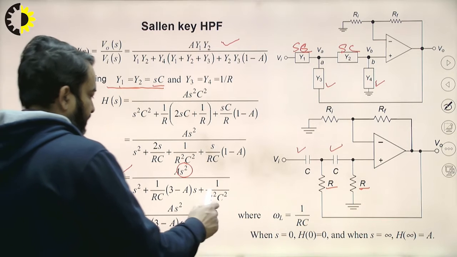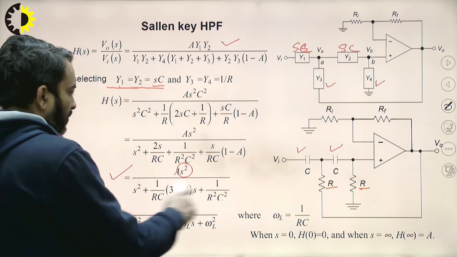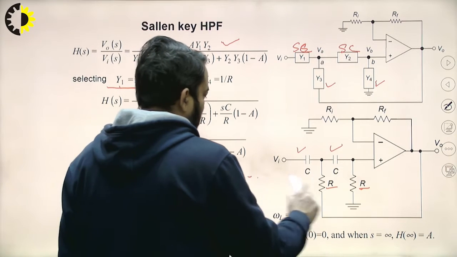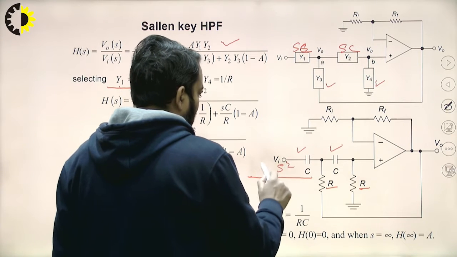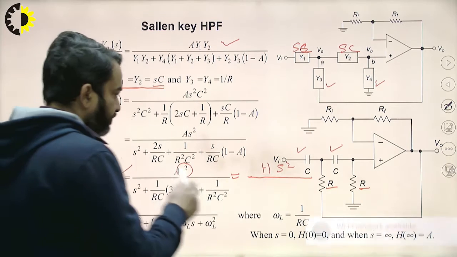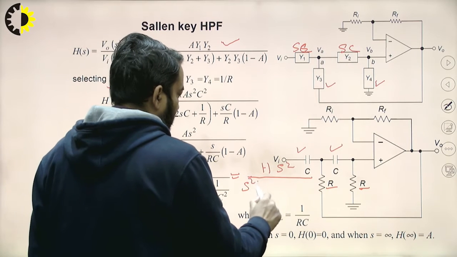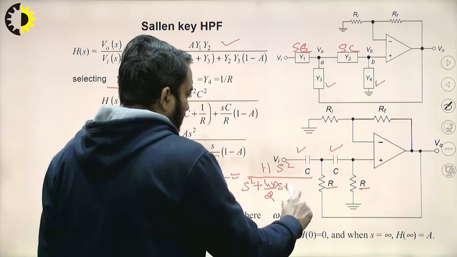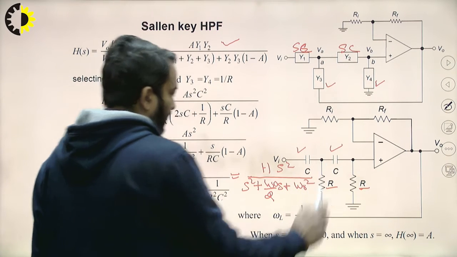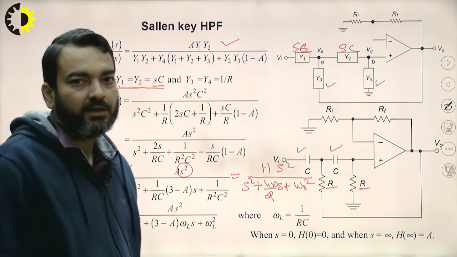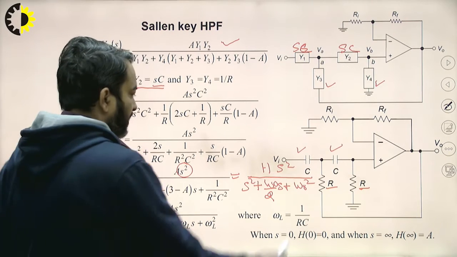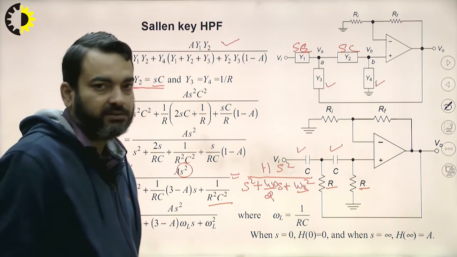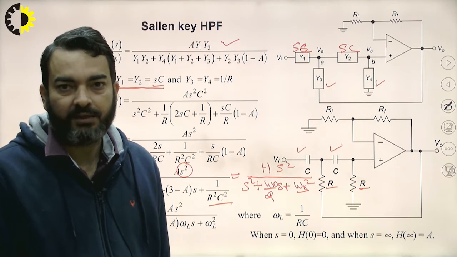Again we correlate this transfer function with the standard high pass response, that is H s square over s square plus omega naught by Q s plus omega naught square, where H is the gain. So again we can calculate the parameter values. It is clear that omega naught square is equal to 1 by R square C square, so omega naught is equal to 1 by RC.